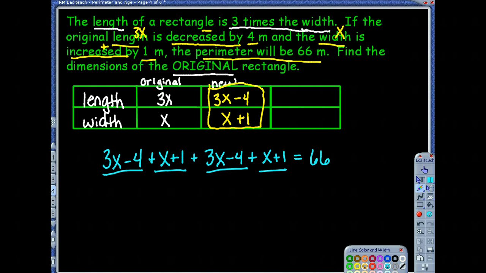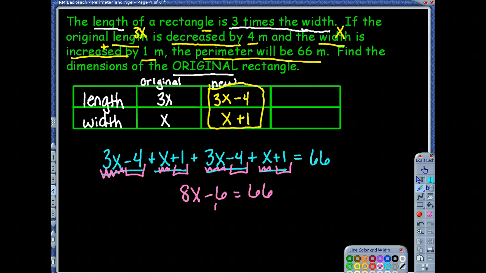Now, when I combine some like terms on this problem, we had 3 x's, there's another 3, and another 3, and another 3, a total of 8 x's. And then I had a negative 4 plus 1, there's negative 3 so far, and then another negative 4 plus 1, so a total of negative 6 is equal to 66.